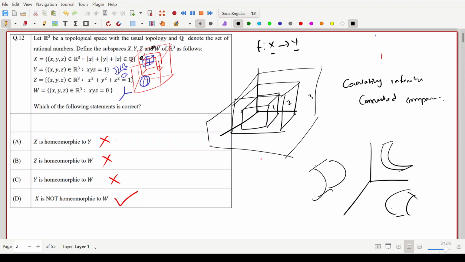That is, the number of connected components in X should be the same as in Y. Whereas in the set X, there are countably infinitely many connected components, and in the other set there are only finitely many. So option A is wrong, option B is wrong, option C is wrong, and option D is correct, because it is saying X is not homeomorphic to W. Okay, thank you so much.